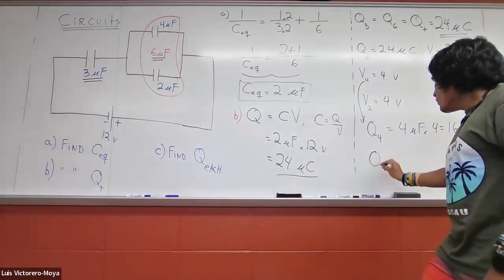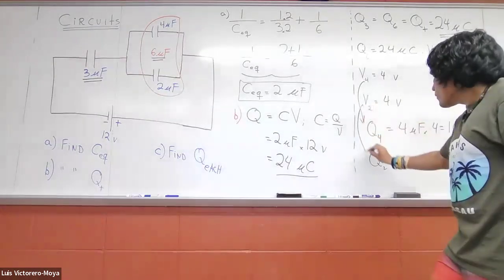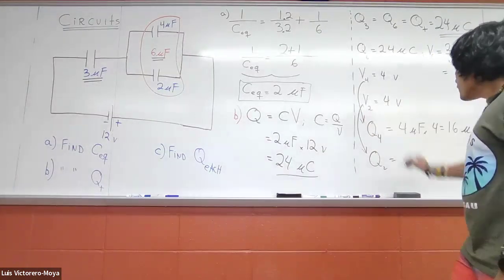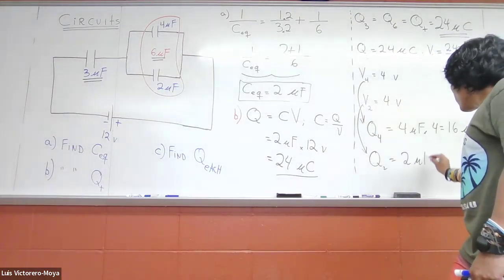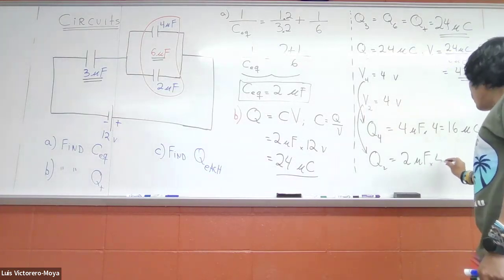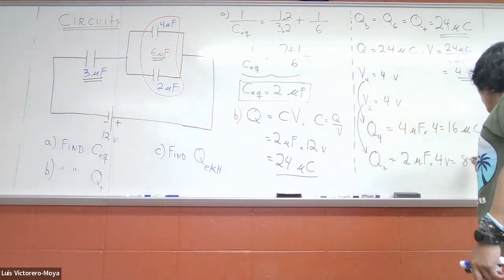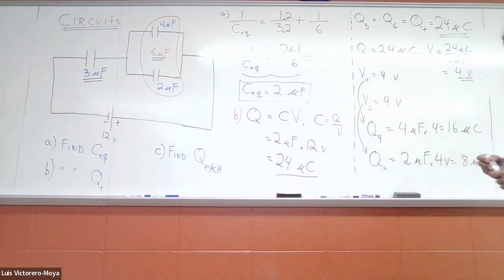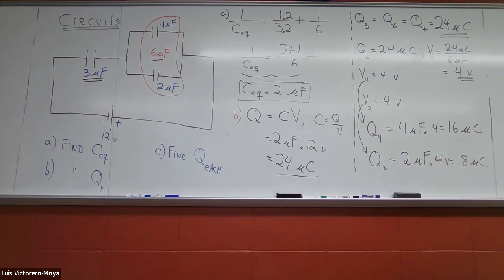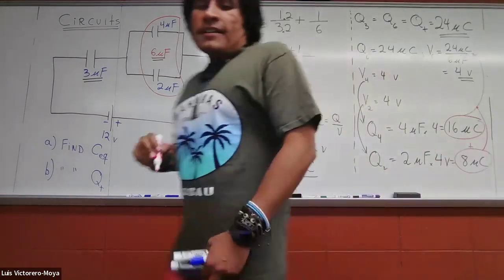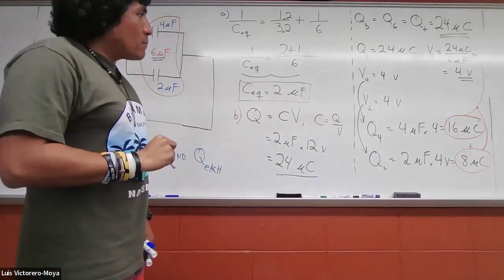And then the charge on 2 is the capacitance 2 multiplied by 4 volts: 8 microcoulombs. How do you check this is correct? 16 plus 8 is 24 microcoulombs. That's how you verify that what you did is right.